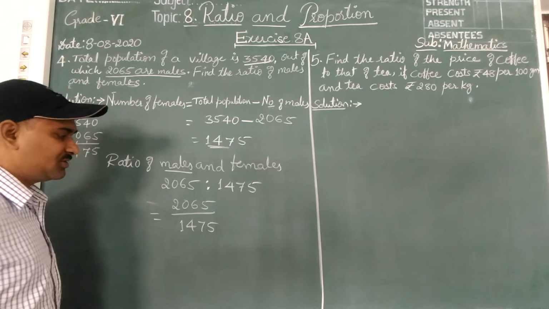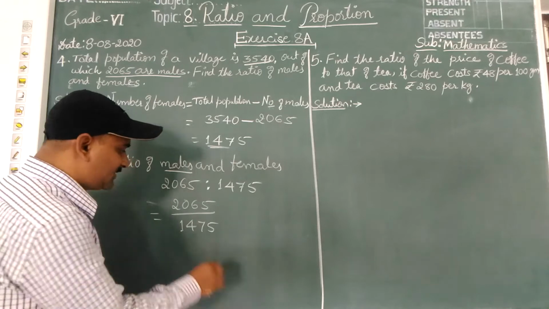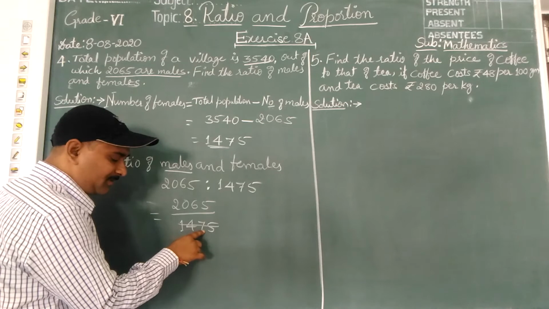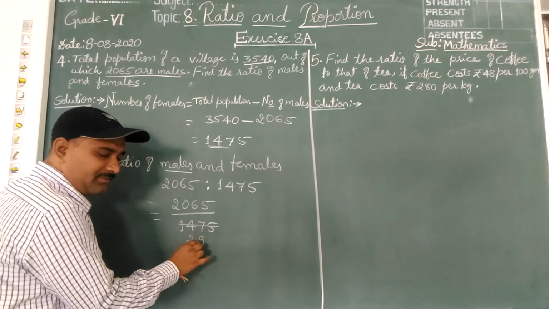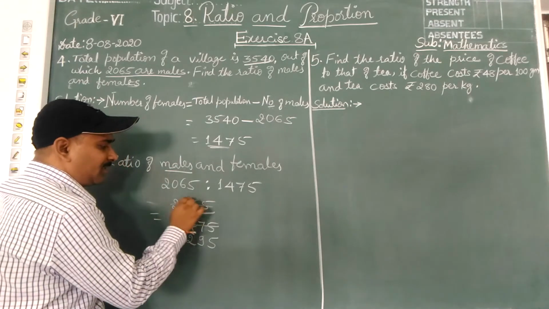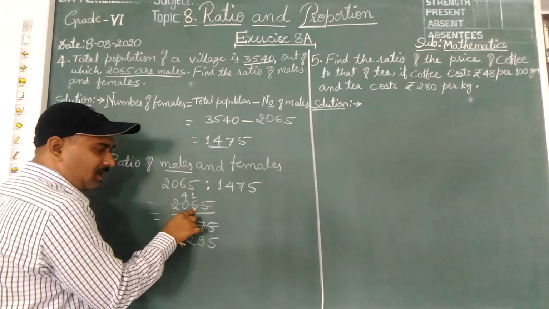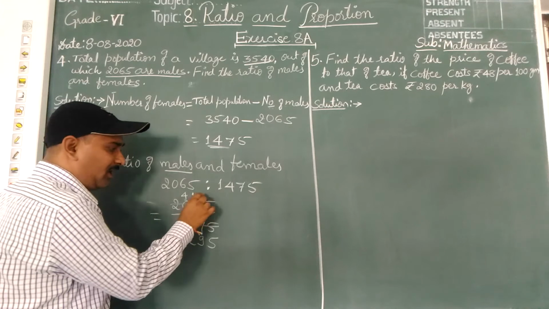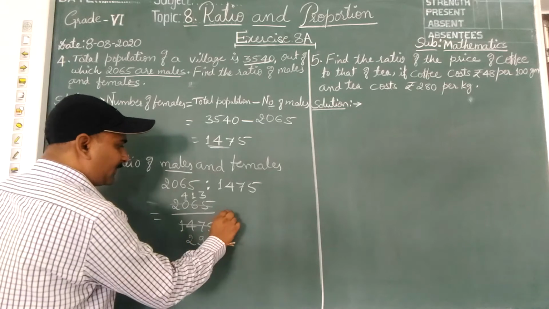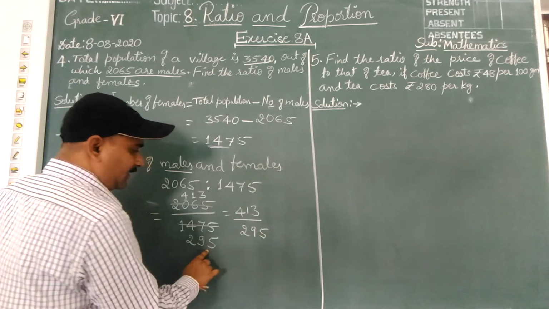Cancel this with tables: 5 2's are 10, 4 remains, 47. 5 9's are 45, 2 remains. 5 5's are 25. 5 fours are 20, 6, 5 ones are 5. Out of 6, 5 gone, 1 remains, 15. 5 threes are 15. So 413 in the numerator divided by 295 in the denominator.